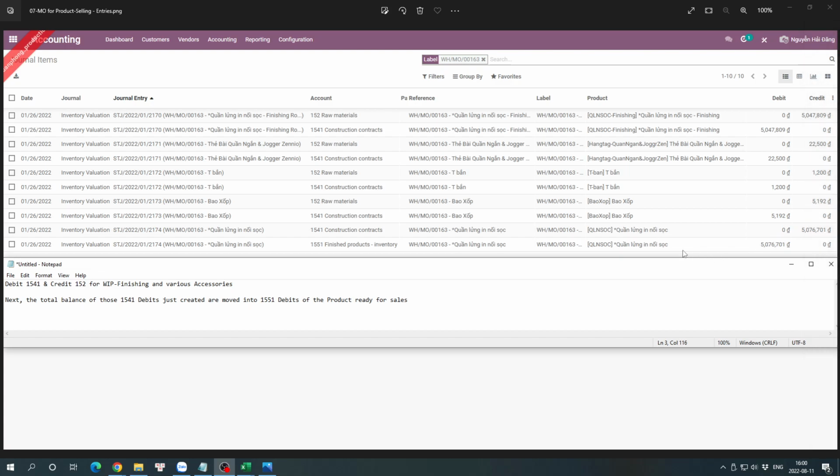And then you debit 1551 finished products. So same story again for 1541. We are not so rigid when it comes to matching money to product codes. What matters is before 152 was the focus. Now at the last step, 1551 finished goods inventory is the focus, and we created this value by moving values around. All right, next.